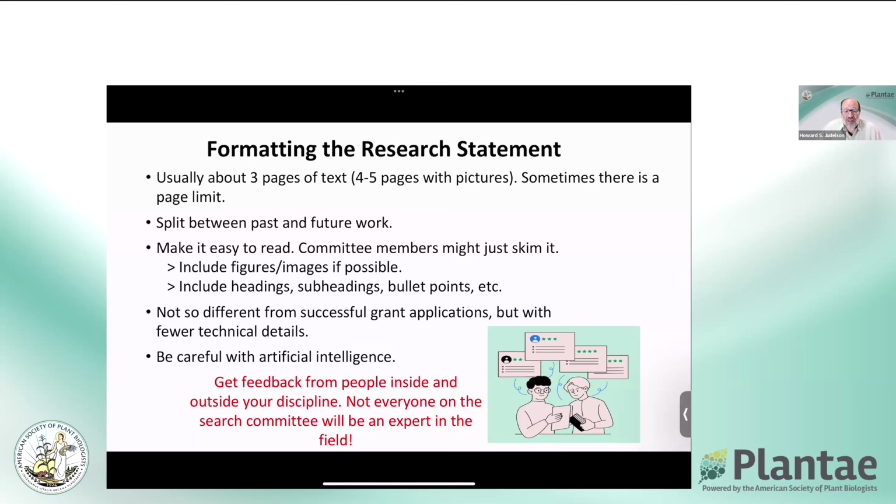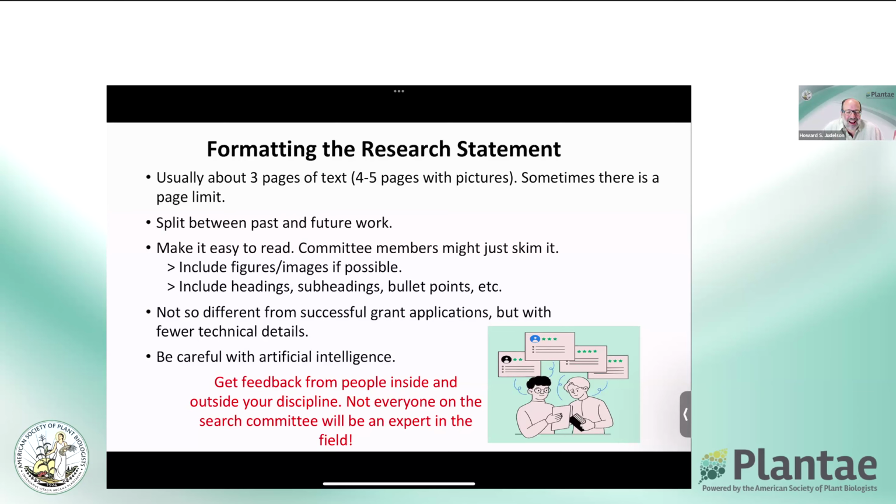And part of this is incorporating figures and images if you can. And also, just like a successful grant application, include headings and subheadings and bulleted points. This makes it much easier to read. It has a clear organization. One comment is, be careful with artificial intelligence.